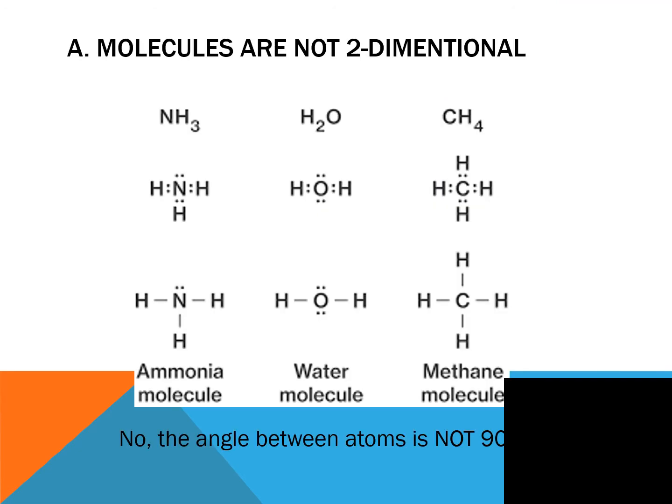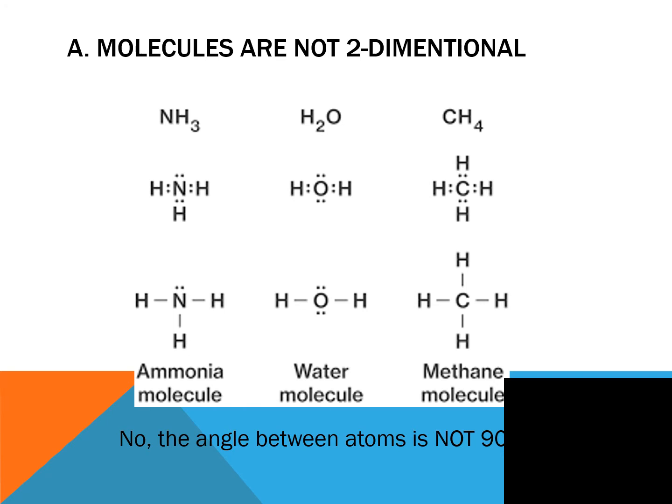All right, so we should all know that molecules are not two-dimensional. We're in a 3D world, so angles are not going to be 90 degrees or 180 or stuff like that in these shapes. We will get to some shapes that have 90 and 180, but you can see in methane it's not 90 degrees.